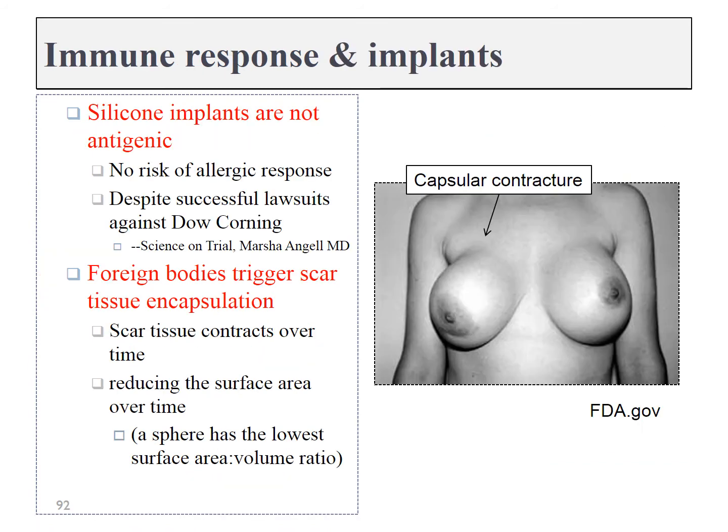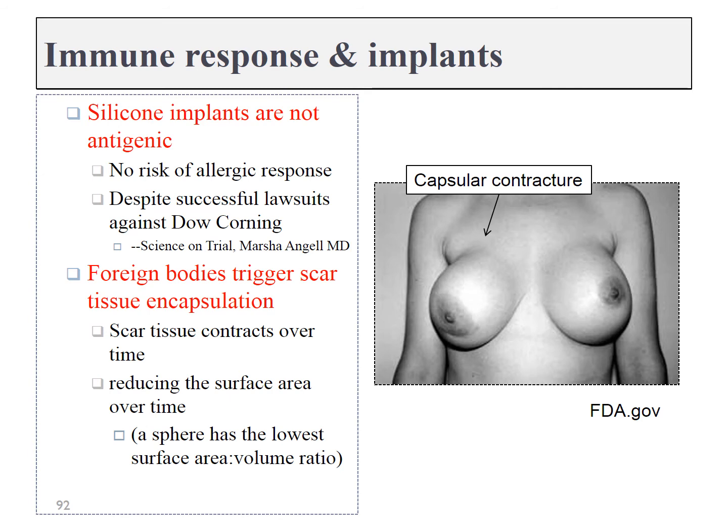A plastic bag full of silicone will not trigger an immune response. Similarly, other very simple chemicals will not trigger an immune response, like titanium implants used in hip replacements, or even a gold or silver coated earring will not trigger an inflammatory response by white blood cells.